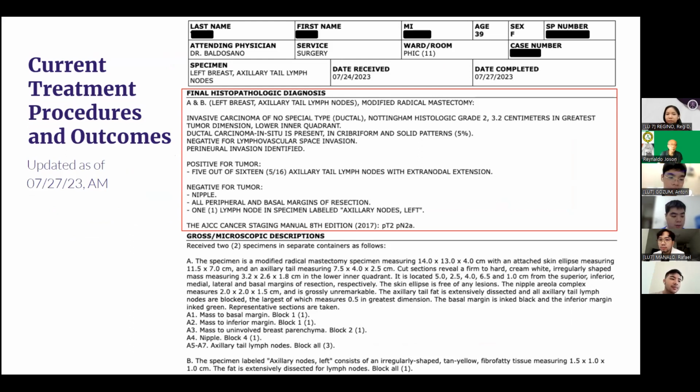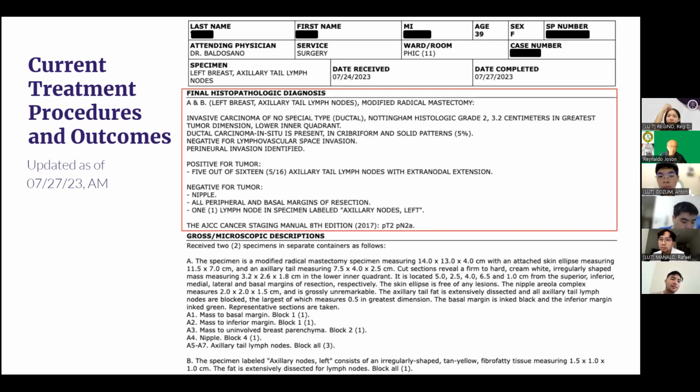Where did you get that information, 1 positive? Intraoperatively, sir, we were able to palpate 1 enlarged level 1 axillary lymph node. So the surgeons put down the note 1. Yes, sir. Okay.